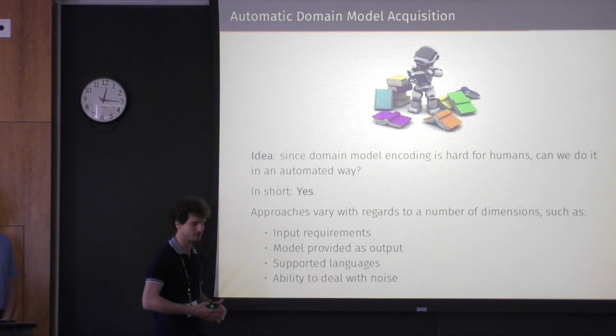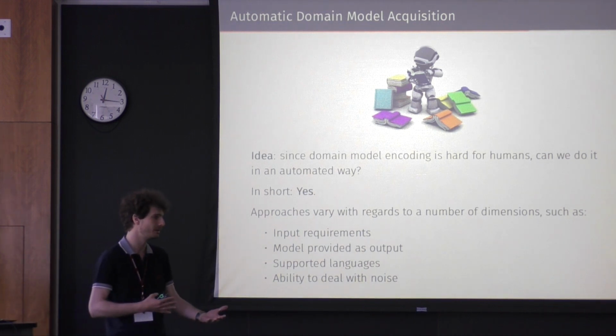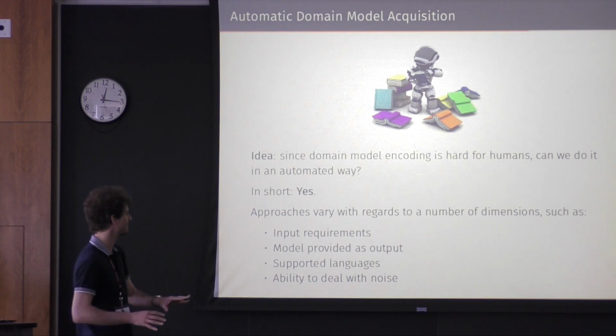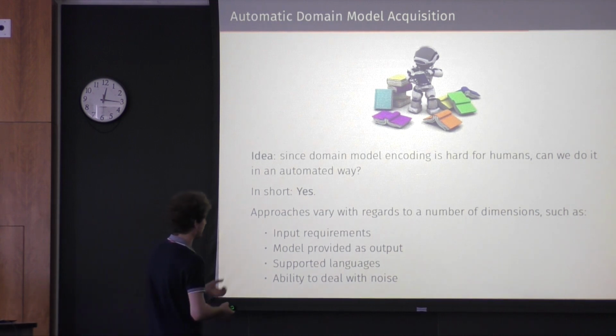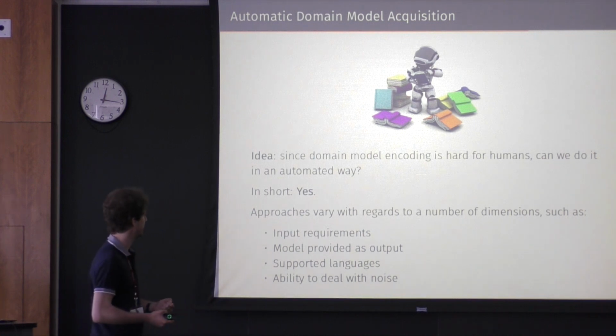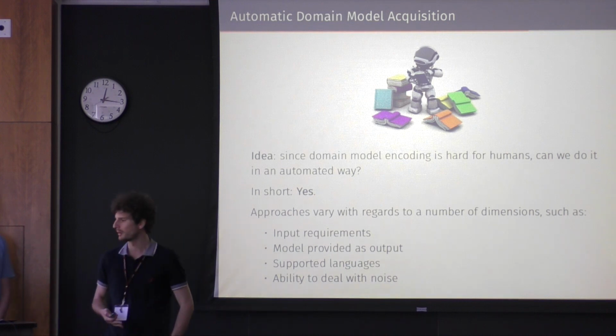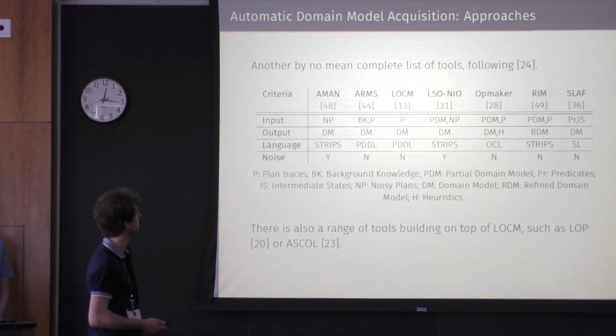What is the model which is provided as output? Is it a complete model? Is it incomplete? Is it only the operator schema? The languages which are supported both for input and output, and the ability of the system to deal with noise. These are the main aspects that you should keep in mind when you're dealing with automatic domain model acquisition.